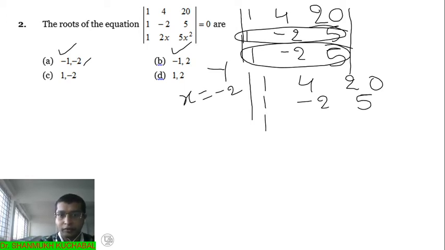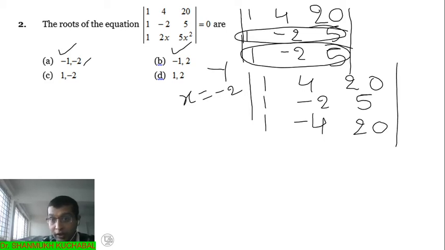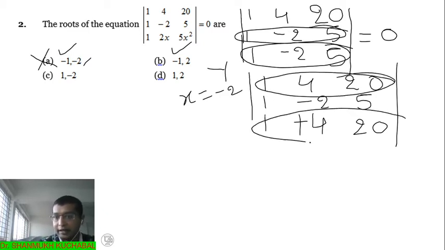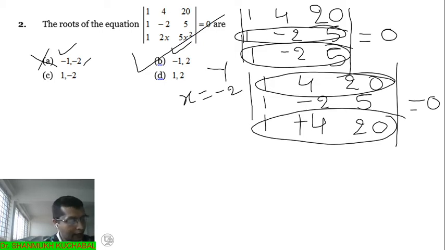See, minus 2 I get minus 4, right? Then plus 20 here, so the two rows are not identical. We should get LHS equal to RHS here, so this is a wrong answer. If I take minus 2, I get plus 4 plus 20, then two rows are identical, the value of the determinant equals 0, therefore option B is the right answer. Option B is the right answer.